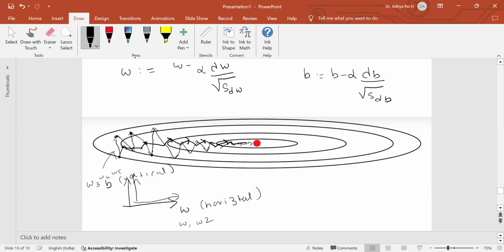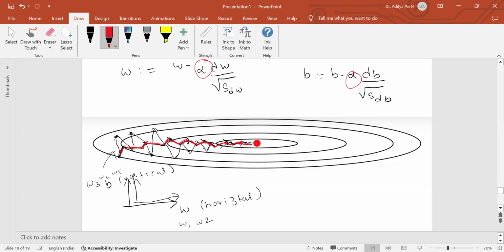So this is the change in the horizontal direction, and this is the change in the vertical direction. In RMS prop, you can see a higher learning rate, and it will reach the global minimum at a quicker rate, because the learning rate is higher when compared to gradient descent with momentum.